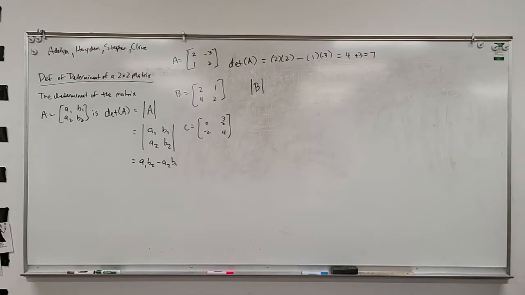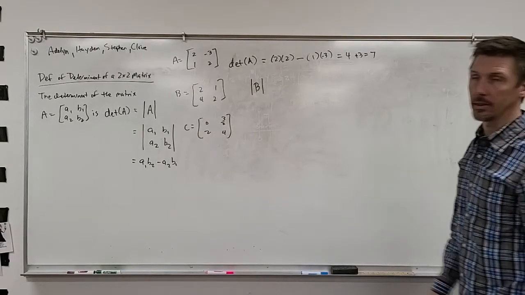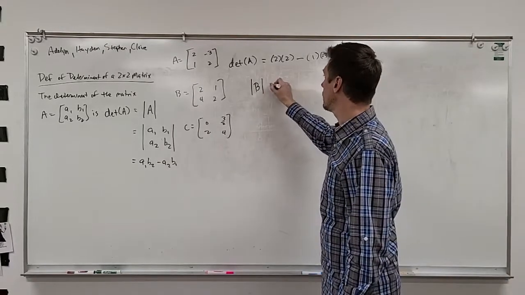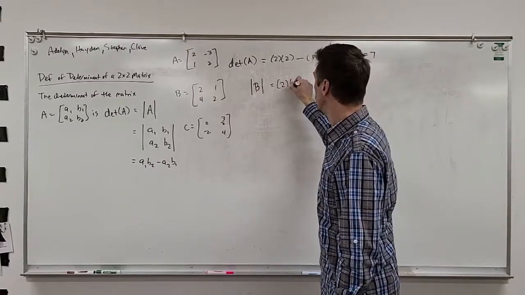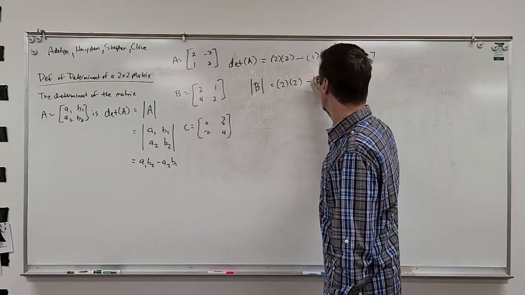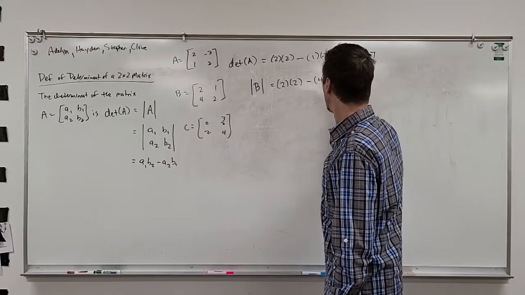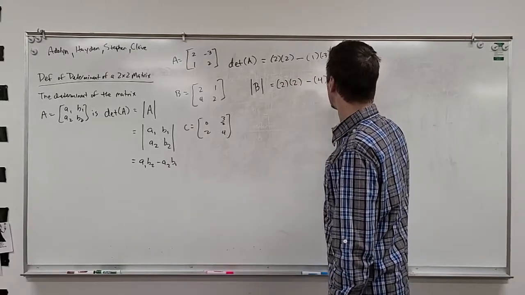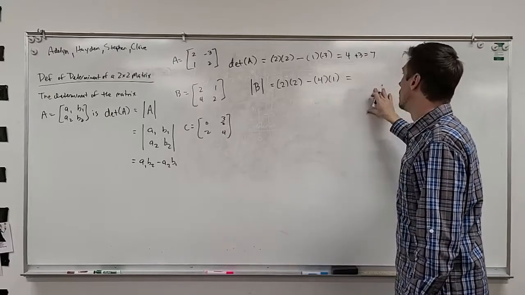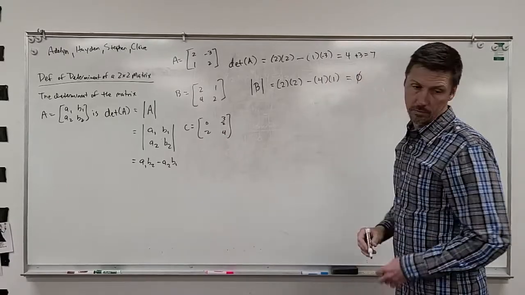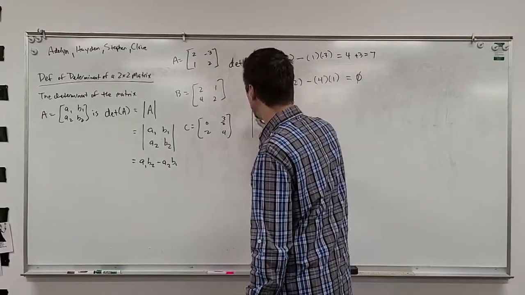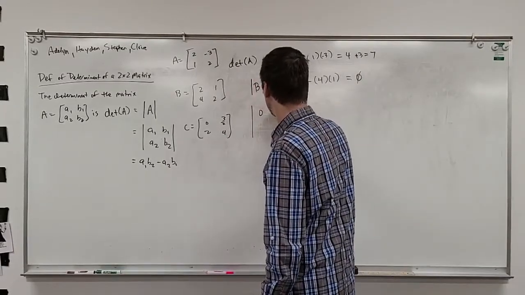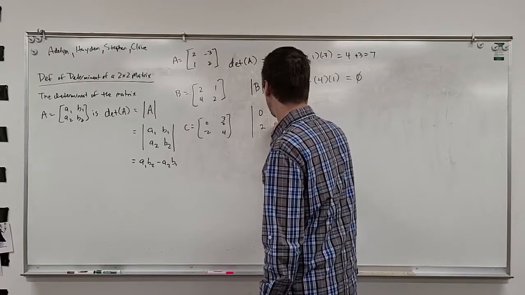But you look at that and you go, oh, he's just asking for the determinant of B, right? So if I write it like that, I want you to find the determinant. So that's 2 times 2, again, minus 4 times 1. So that's going to be 4 minus 4, so this is going to be 0. And then on the last one, I say, find this.